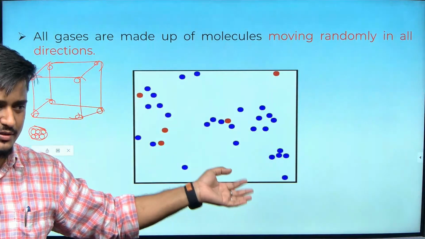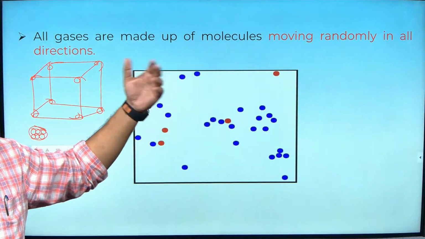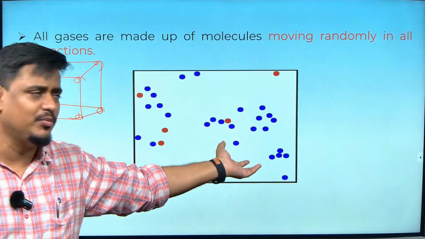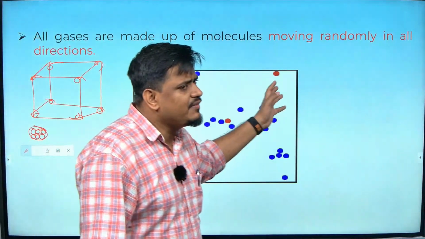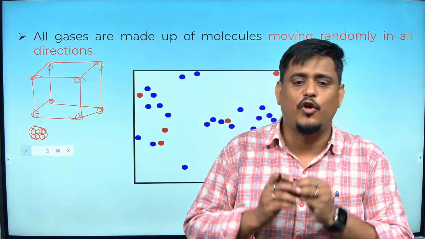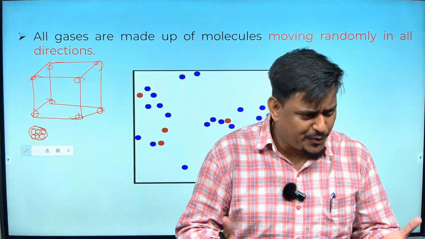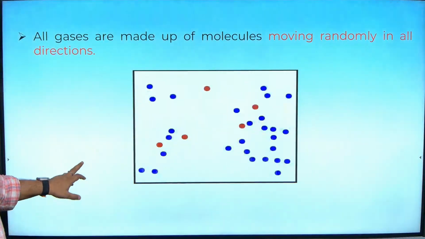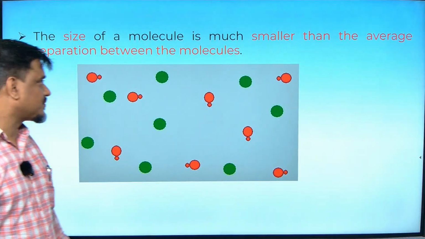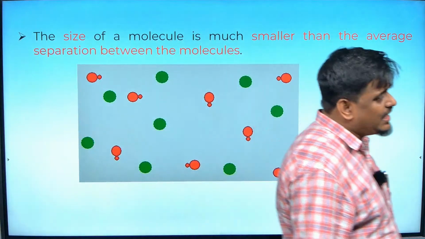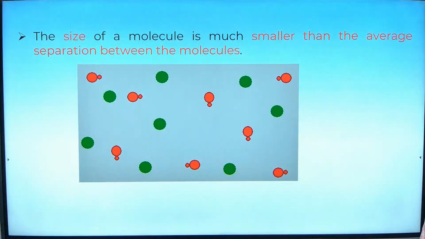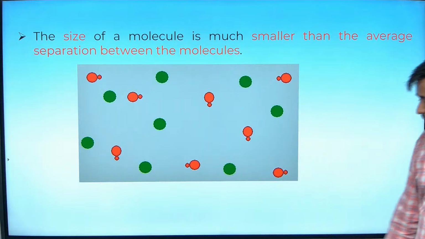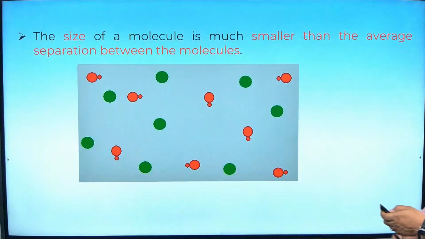You cannot find the volume of it, but if you take it as a cuboid and find its volume, it will be very much lesser than the real volume of the gas molecules. I hope you're understanding what I'm trying to tell you. So that's what gases are. That's how they behave. Then, as I said to you, the size of the gas molecule compared to the distance between them is very small.